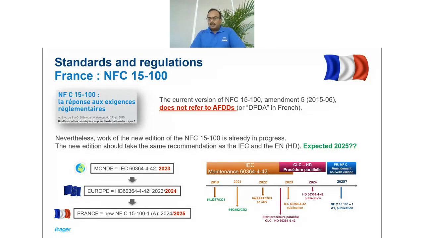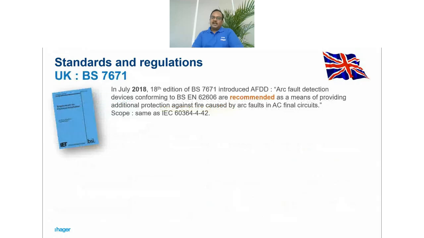The last, but a very relevant one, because in our market, normally we have a lot of influence from the BS. If you look at 2014, when it was announced by the IEC, BS decided to implement it as a recommendation from June 2018, and they had it as BS 7671.